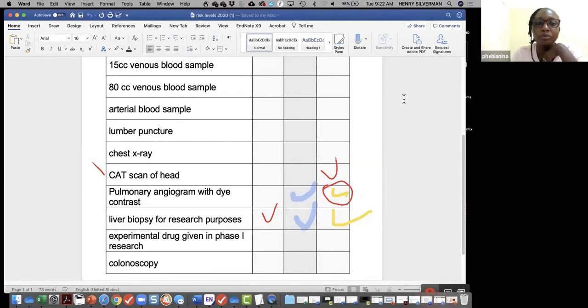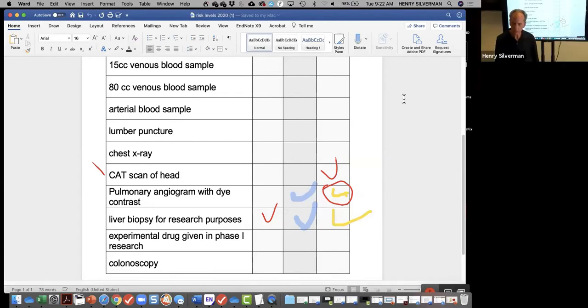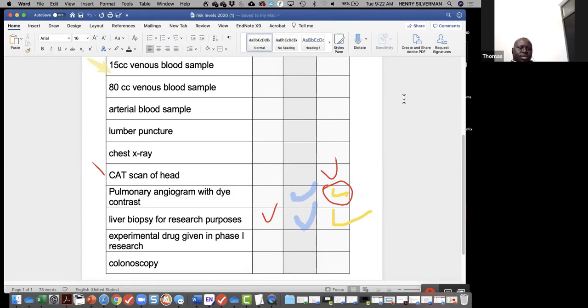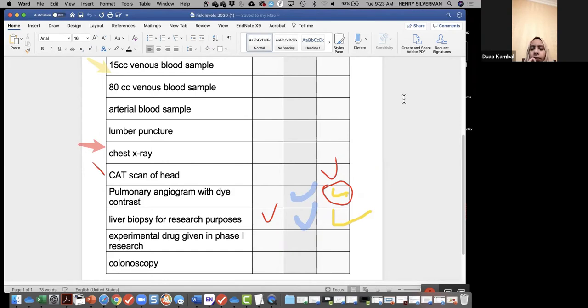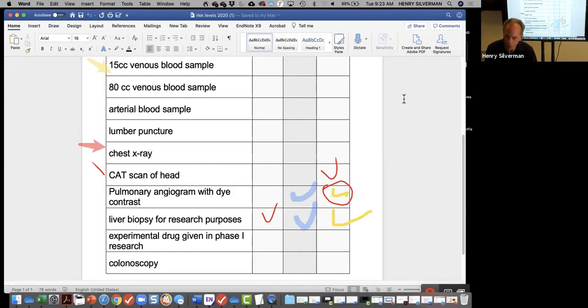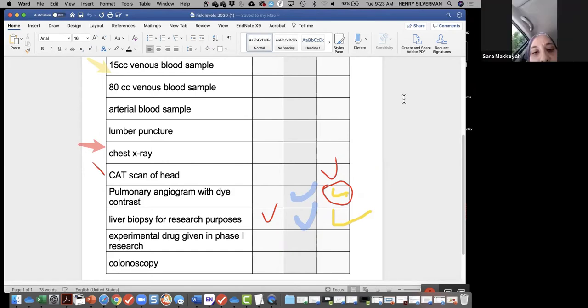Venous blood sample. Chest X-ray. Okay. Liver biopsy? No, you don't go in for a routine exam and come out with a liver biopsy. Physical exam doesn't include interventions.